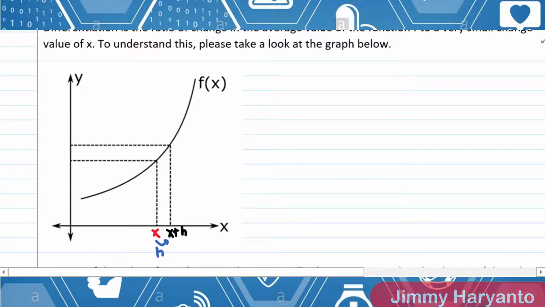And then the value of y: if we calculate the value of y for x, I will have f(x) here. And if we calculate the value of the function for x + h, I will have f(x + h) like that.